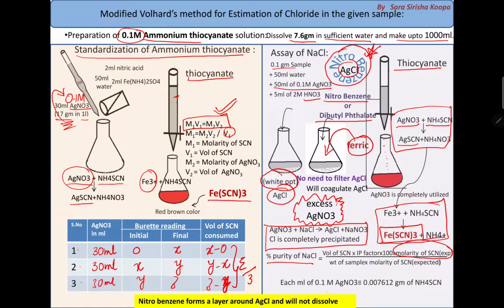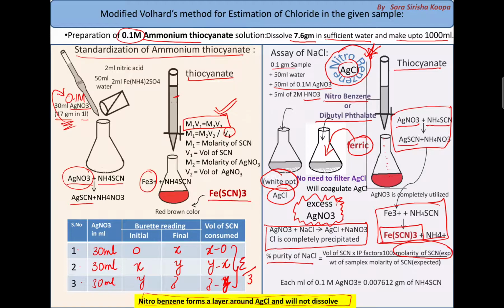Equivalent weight: 1 ml of 0.1 molar silver nitrate is equivalent to 0.007612 grams of ammonium thiocyanate. So this is the main point for modified Volhard's method, that is nitrobenzene forms a layer around silver chloride and will not dissolve. Hence there is a solution for Volhard's method.